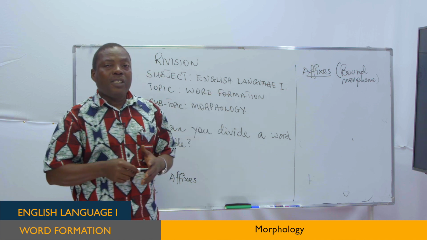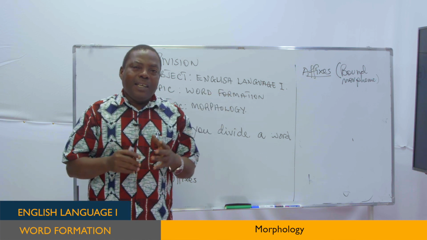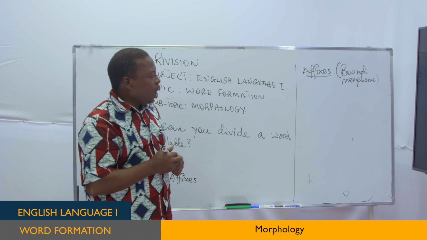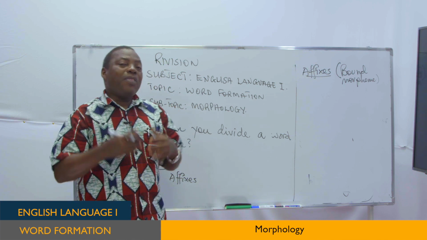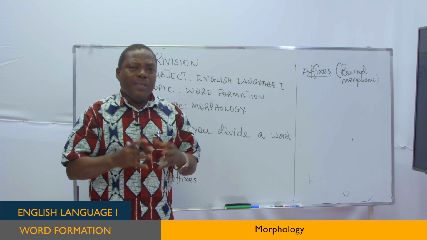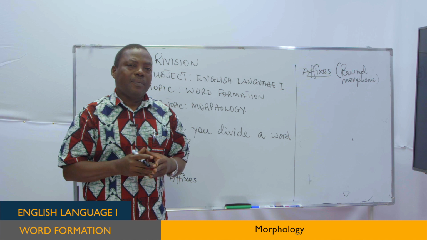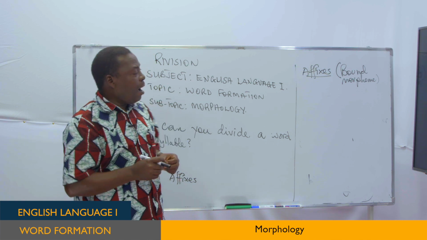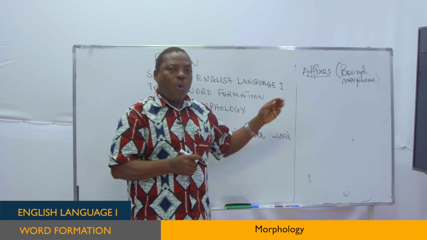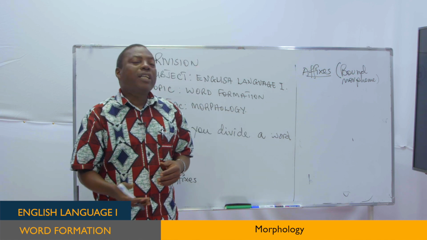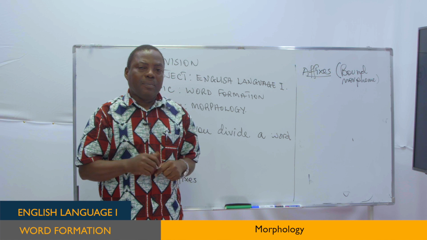Now, these affixes are basically of two categories. You talk about those which, when attached, change only the meaning, but don't change the word class. But we have those other affixes which, once attached to a word, change the word class and the meaning as well.